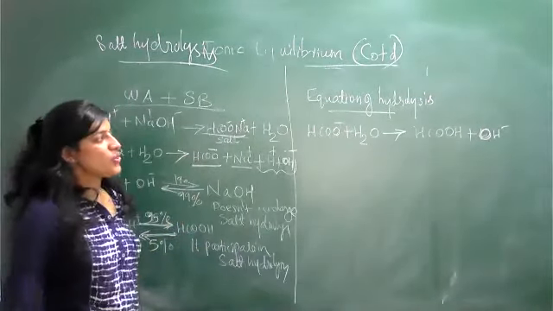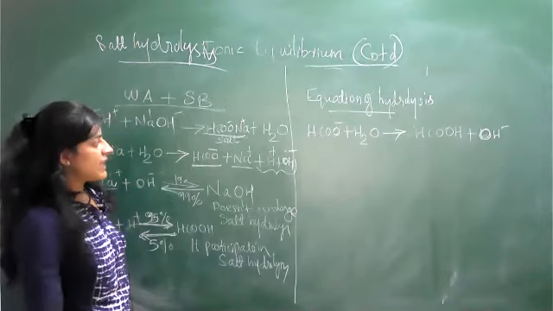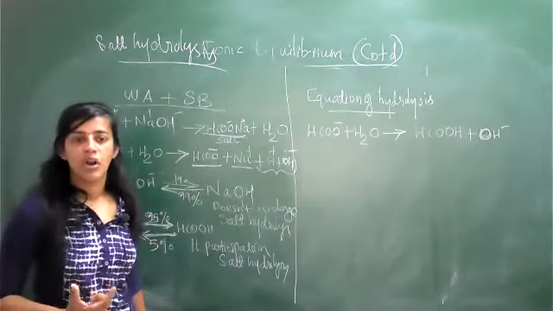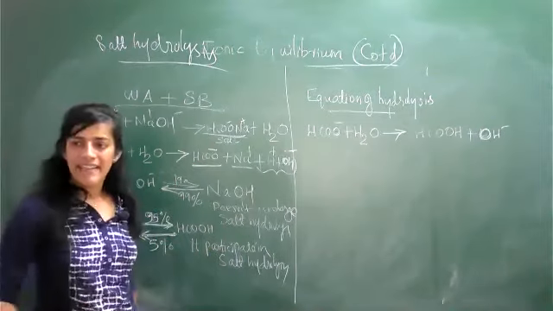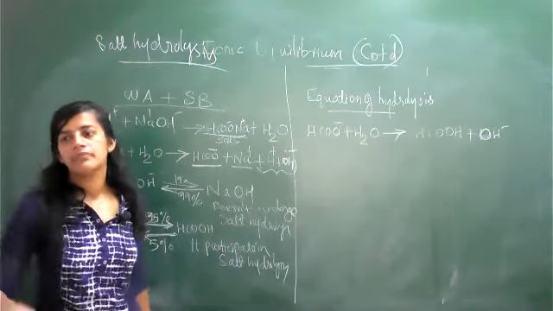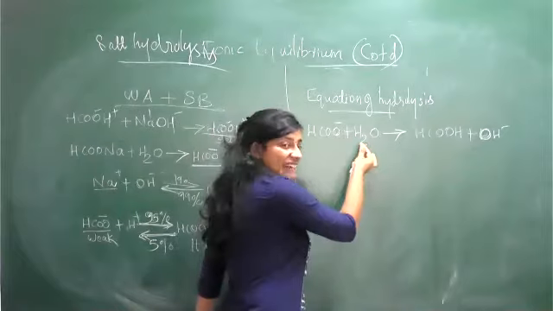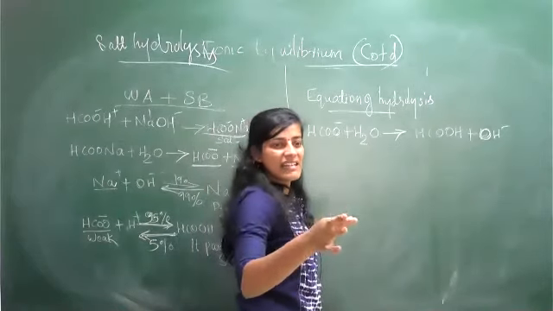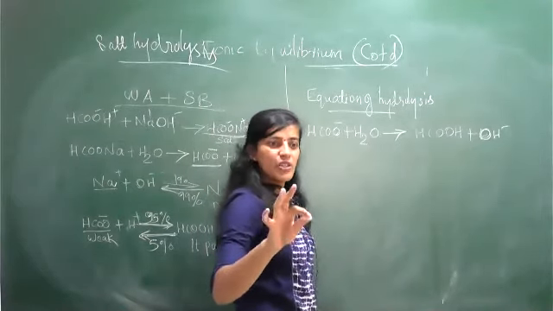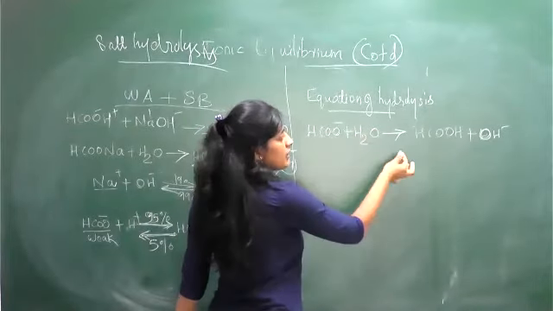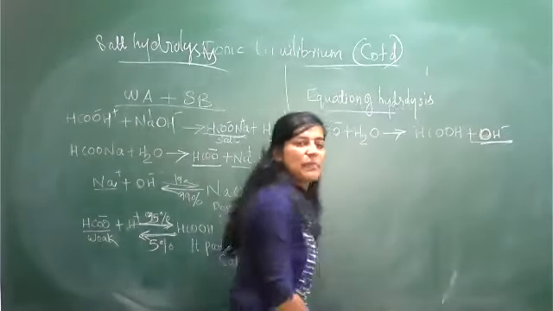What type of solution is this? Basic nature or acidic nature? Why basic nature? Because this ion reacted with water, Bronsted base, acid, Lewis base, everything. You got the idea. Then water reacted with that, and the OH minus ion is liberated.